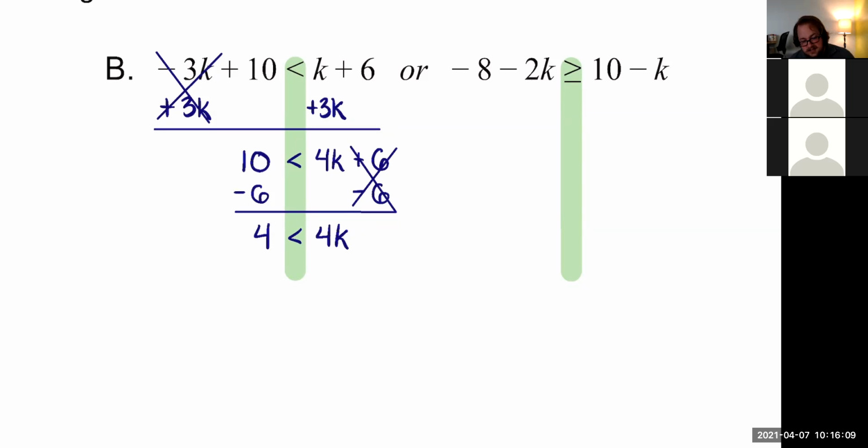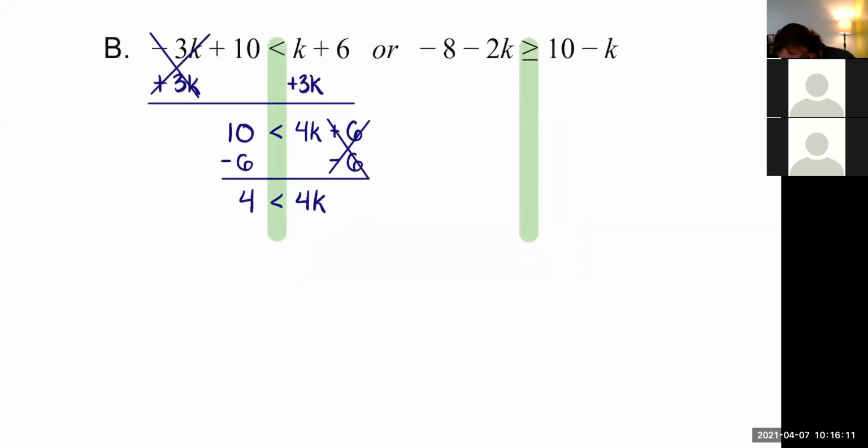And last but not least, divide both sides by 4. On the left, 4 divided by 4 is 1, which I don't want to hide because it's the only thing there. But on the right, 4 divided by 4 is also 1, but since there's a variable there, I'm going to hide that one instead.